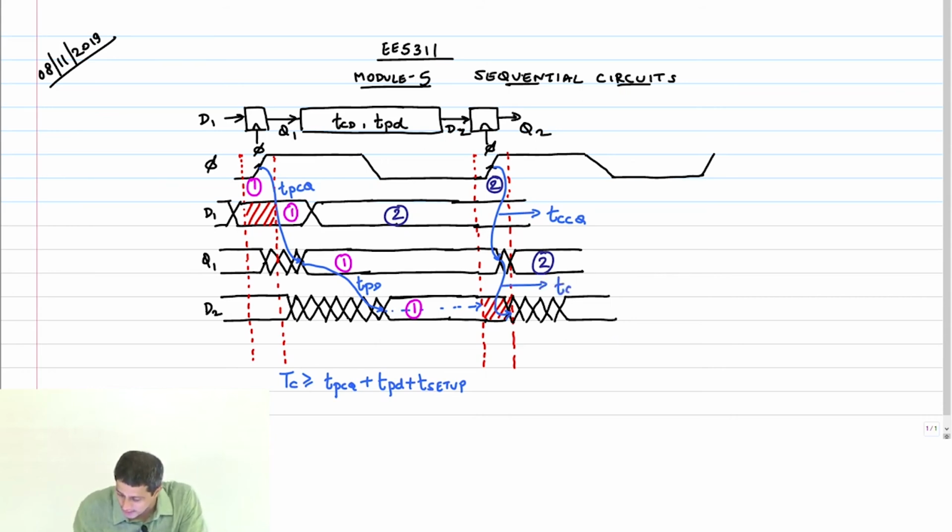So this is TCD, right? And therefore, what is the condition under which this will function correctly? That change in D2 should happen outside that hold time window, right? Which implies the min delay constraint therefore is T hold should be less than or equal to TCCQ plus TCD.